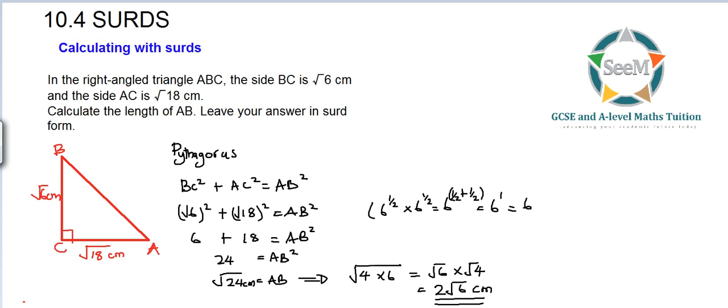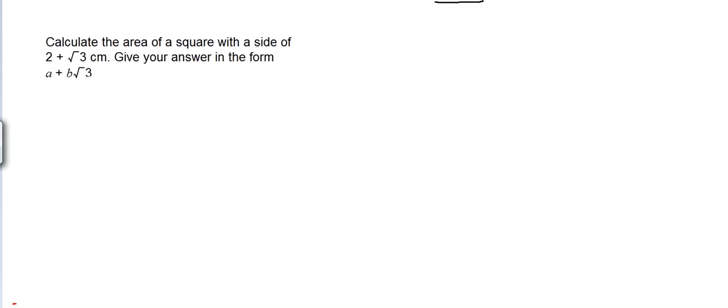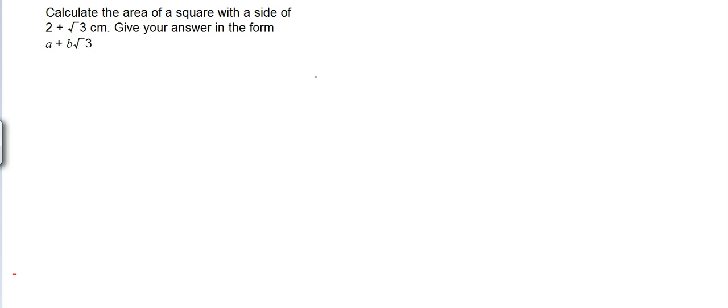Alright, next example. Suppose we're given a square of length 2 plus root 3. We're asked to calculate the area of this square, giving our answer in the form a plus b root 3. So let's label the side 2 plus root 3 centimeter. The area of a square is L squared.